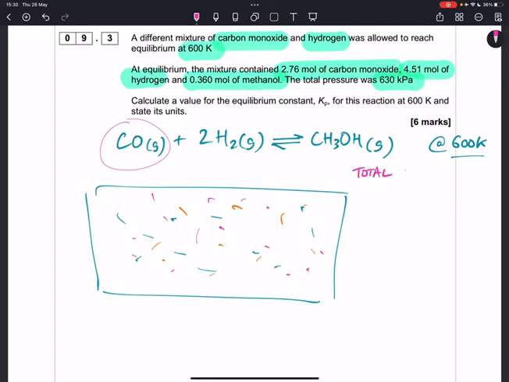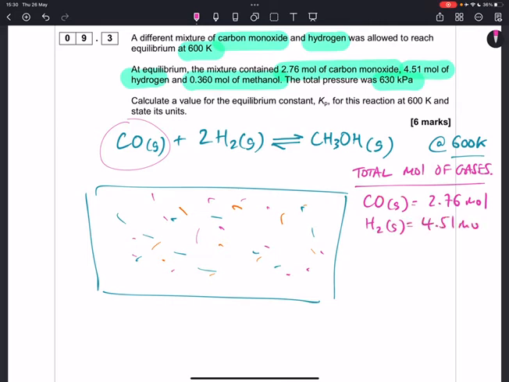Total moles of the gases. So we just add them all up. Carbon monoxide is 2.76 moles. Hydrogen is 4.51 moles.